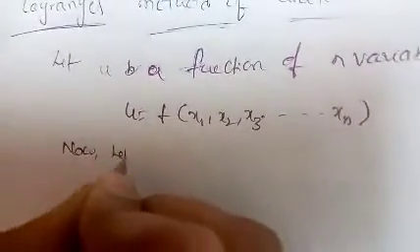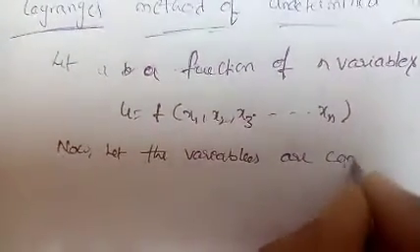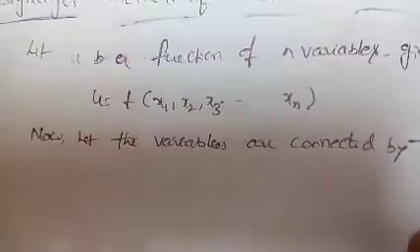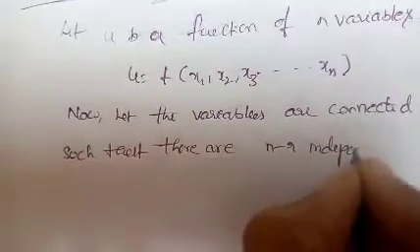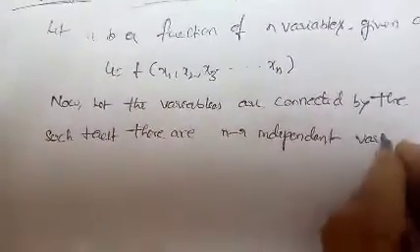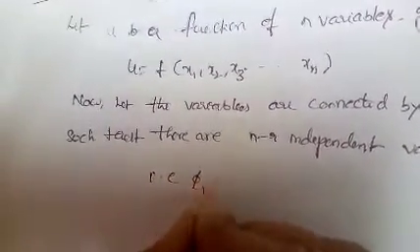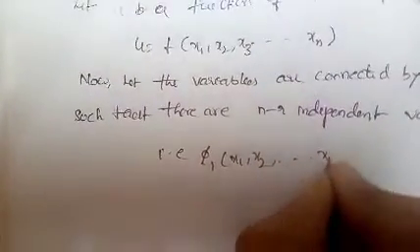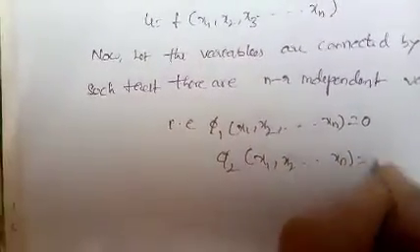Now let the variables be connected by the relations such that there are n minus r independent variables, that is pi 1 of x1, x2, x3 and so on xn equal to 0, and next one pi 2 of x1, x2 and so on xn equal to 0 and so on.